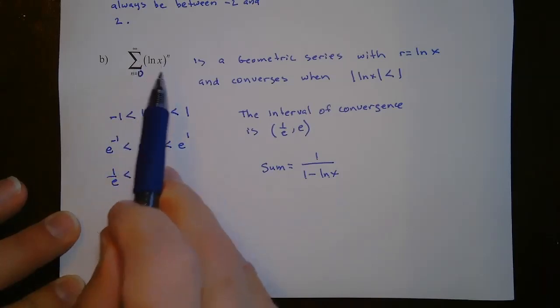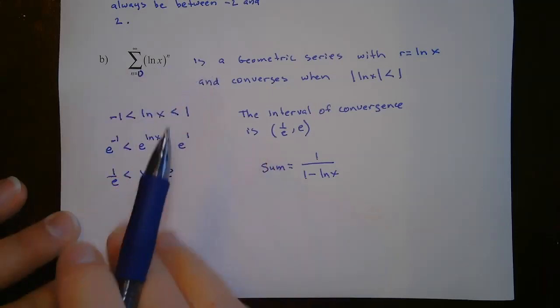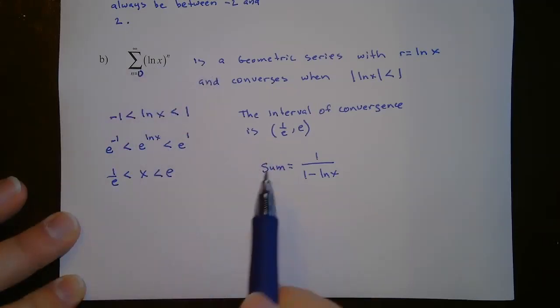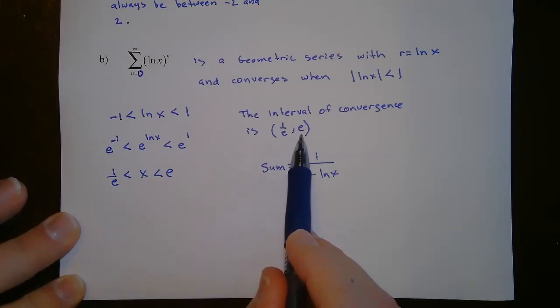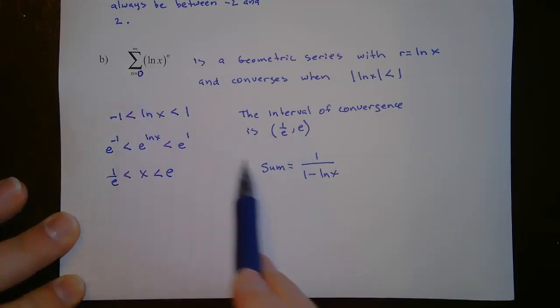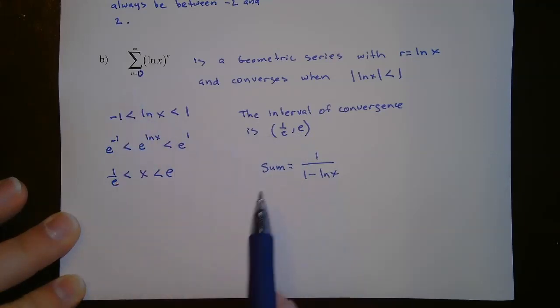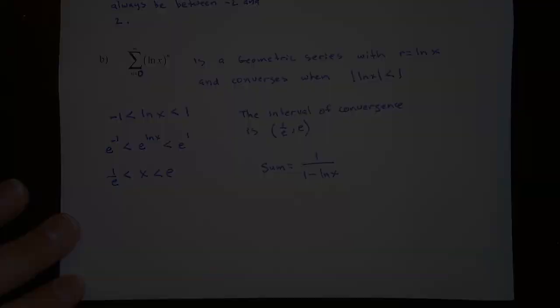They are exactly the same, but not for all x's. They're only the same for x's between 1 over e and e. So this is a big deal. You can write a function as a series. All right, let's go to the next example.